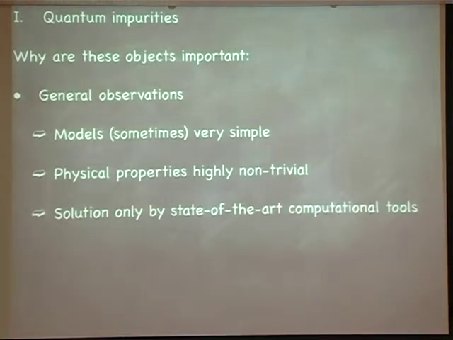The actual problem, and that's why I don't want to do a blackboard talk here, because I can't present you any solution, is that if you want to solve any of these quantum impurity models, starting from the Kondo model and going to the multi-orbital, multi-site, cluster DMFT, whatever input, you need state-of-the-art computational tools. There is no simple analytic formula of a solution that gives you the physics, especially if you want to have real numbers.